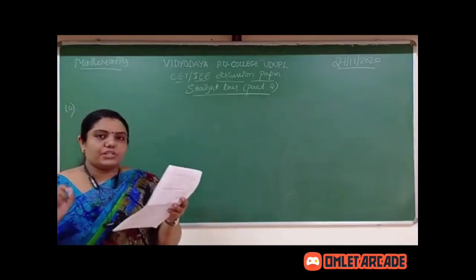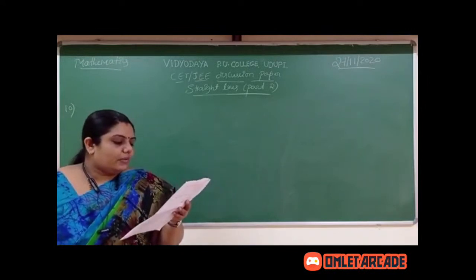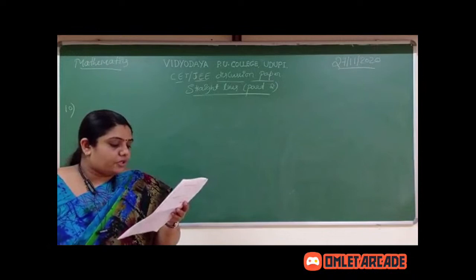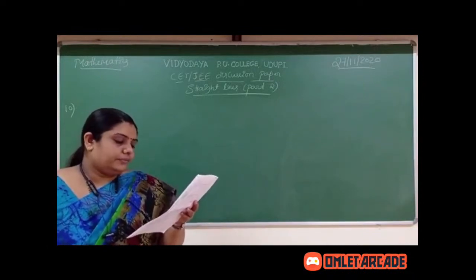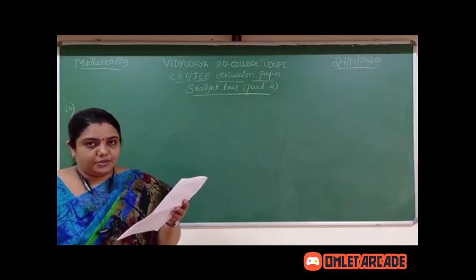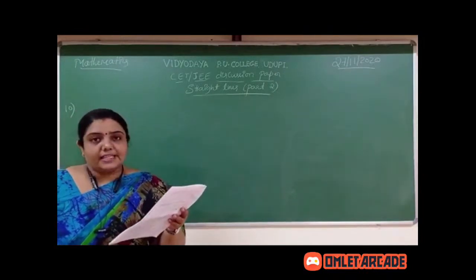Passing through (1, 2) means see which equation is satisfied by (1, 2). First option, if you see x is equal to 1, y is equal to 2, yes, it is satisfying the equation. This is the second option, x is equal to 1 and y is equal to 2. No, it is not satisfying the option, isn't it? See, 2 plus 2 plus 4, it will be 8.